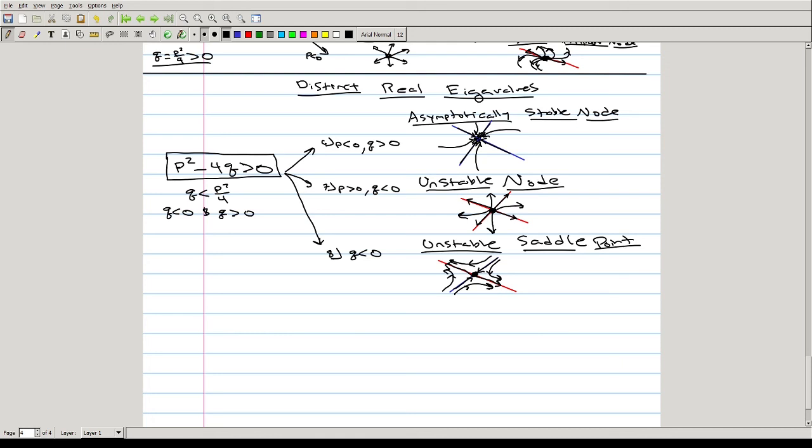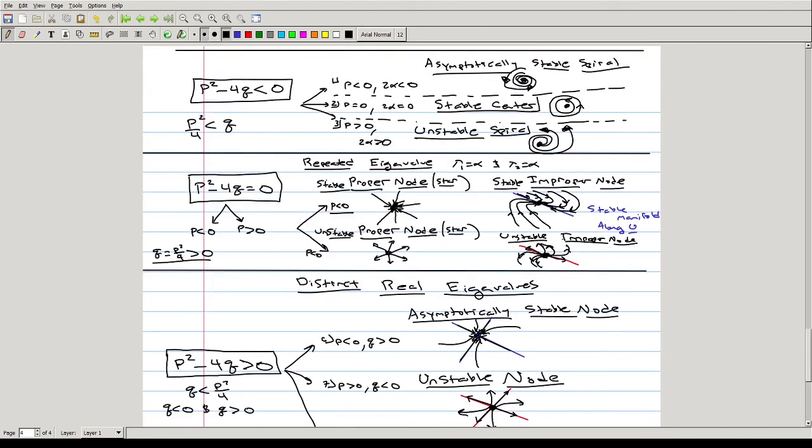two-dimensional PQ space. So if we draw a p-axis and a q-axis, and we draw out the relationship p squared minus 4q equals 0, what we end up seeing is the following picture.